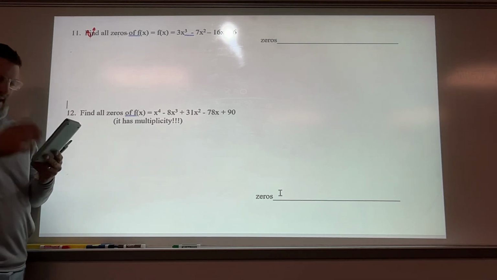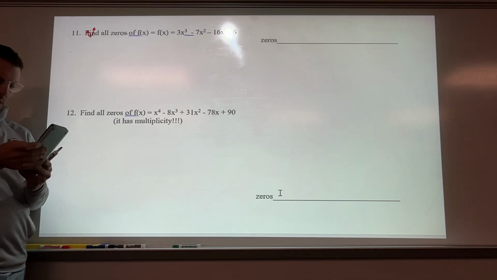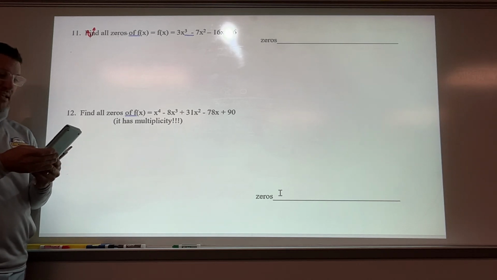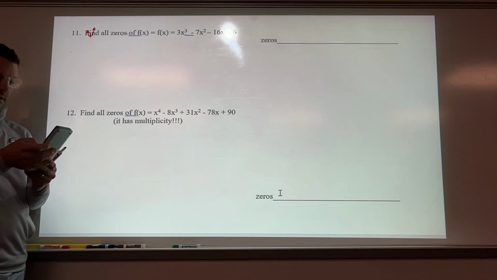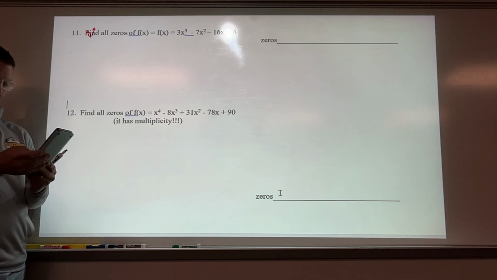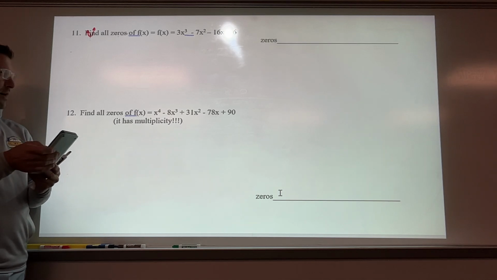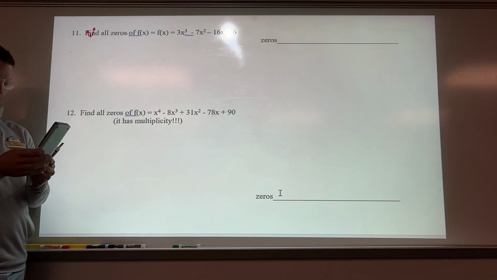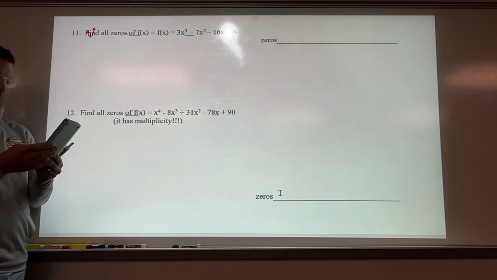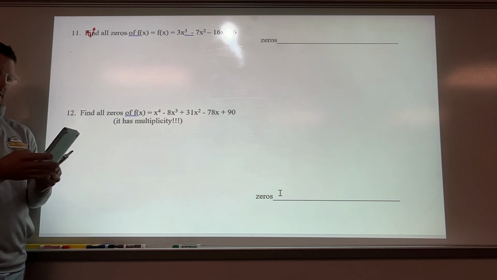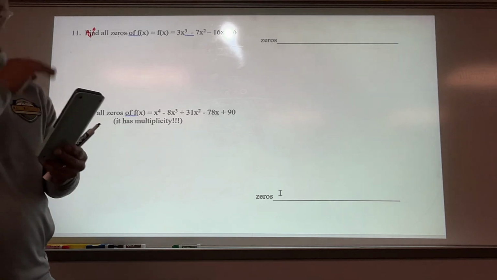So I'm going to take x to the 4th minus 8x to the 3rd plus 31x squared minus 78x plus 90. I would expect it to be U-shaped with a little wobbliness.